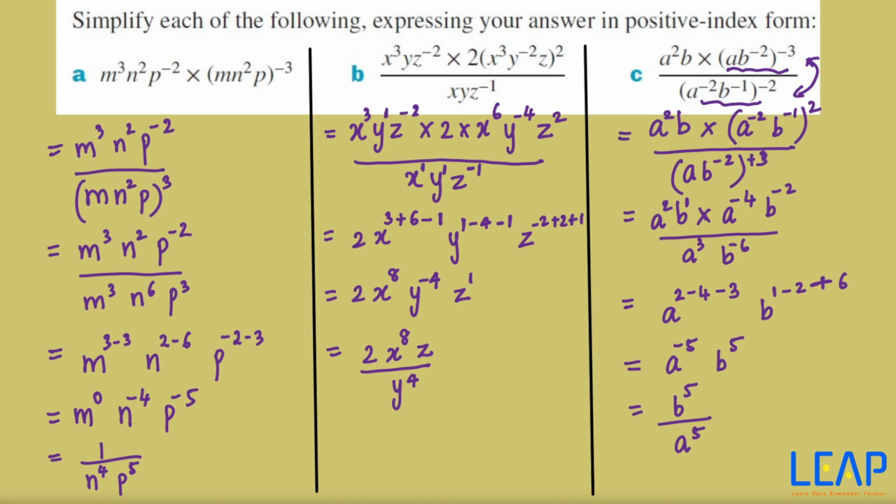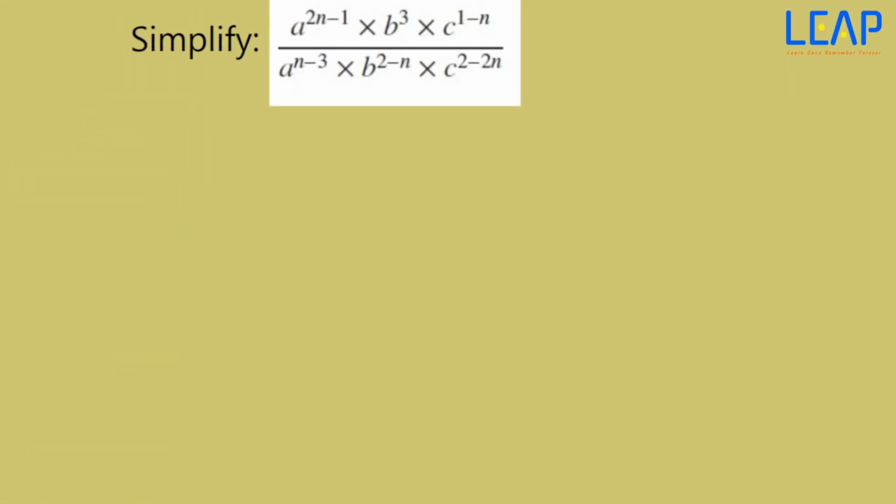Now the next question is the last question, and that question is going to have variables in the exponents. Okay, it's pretty simple. It's very similar to how we did the previous ones. It's going to be the same, just that you will work with a little bit more algebra in this. So to begin with, we are going to work with same bases again here as well.